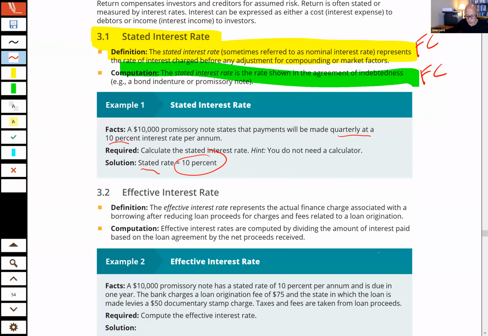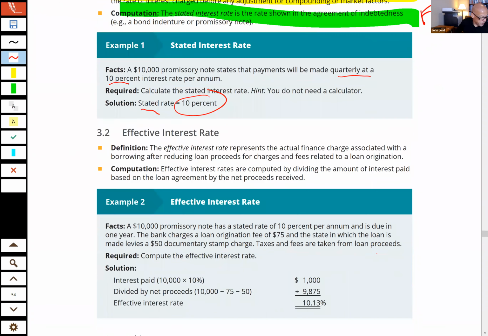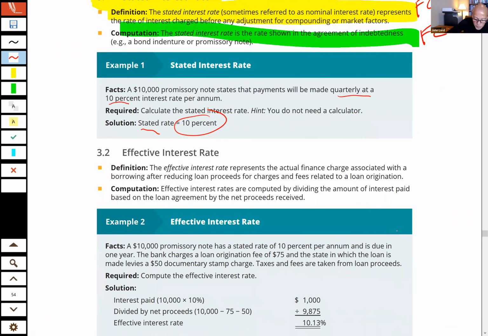Effective interest rate is going to involve some computation. So let's go ahead and take a look at that. The effective interest rate represents the actual finance charge associated with borrowing after deducting from loan proceeds the charges and fees related to loan origination. So often there's going to be some sort of fees that are charged, recording fees, these sorts of things up front.